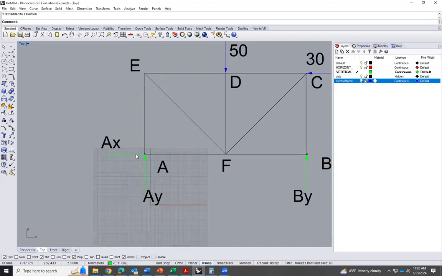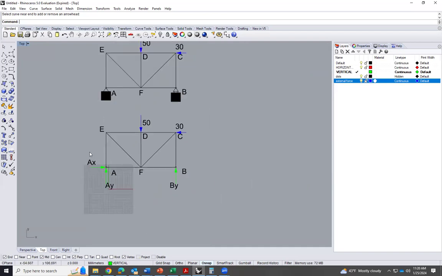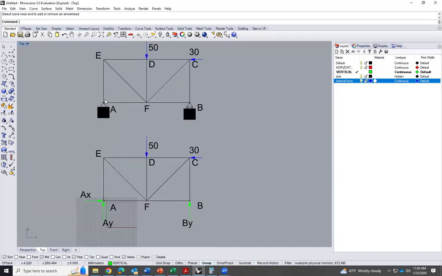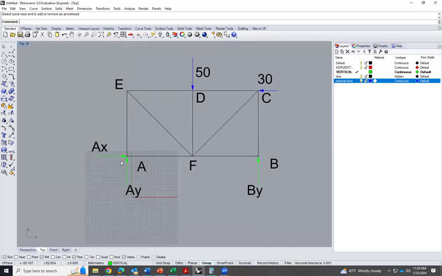And what's the sense? Where's the arrowhead? Like this. If we have a horizontal force going leftwards, most likely this will be rightwards. So now we have translated the pin or hinge and the roller into forces. So these AX, AY, BY are external forces applied on this.